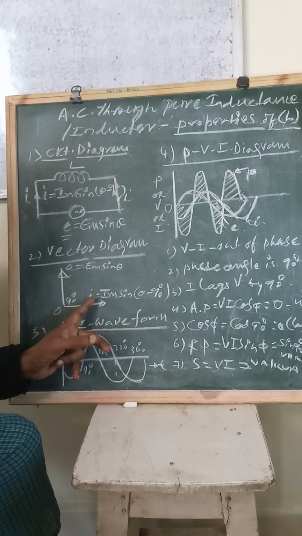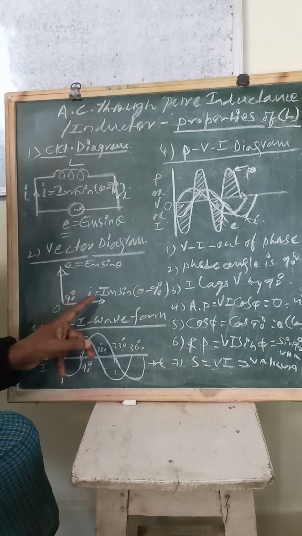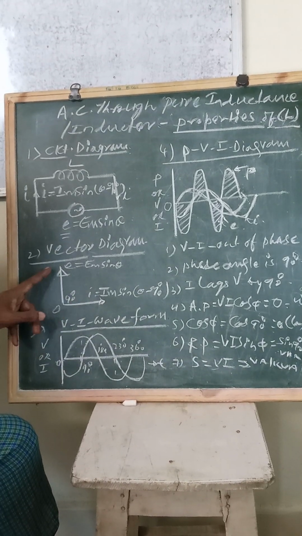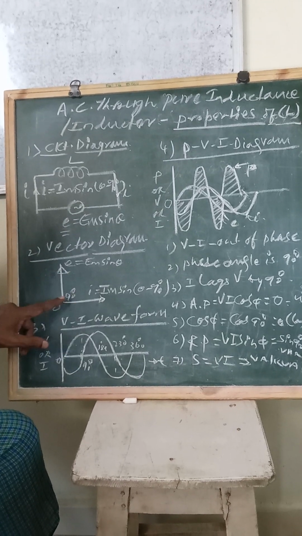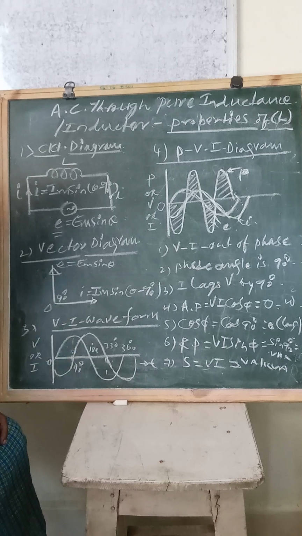So the equation is presented here, I maximum sine theta minus 90. It means I is lagging E by 90 degree. Vectorially also you can see that the phase angle difference between the E and I is 90 degree. The same can be understood in the waveform also.